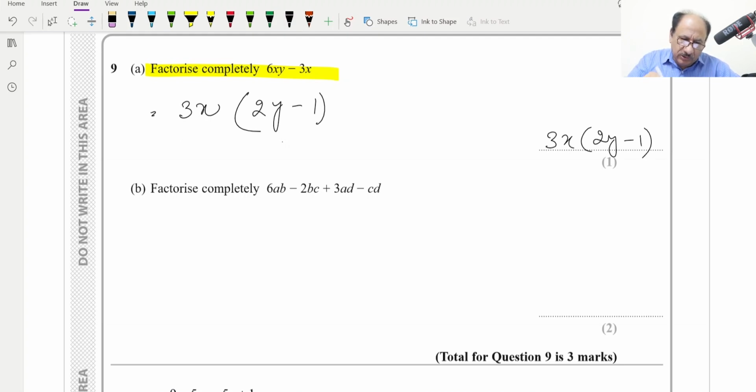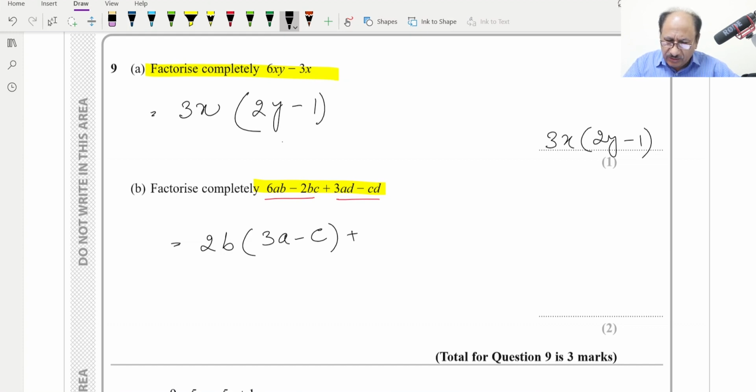Hopefully you got this. Now factorize completely. We have to factorize this. What we can do, we can make pairs, one pair and second pair. From first pair, we can take maximum common, which is 2b, and inside will remain 3a minus c, plus from the second pair we can take d common, and inside will be 3a minus c.